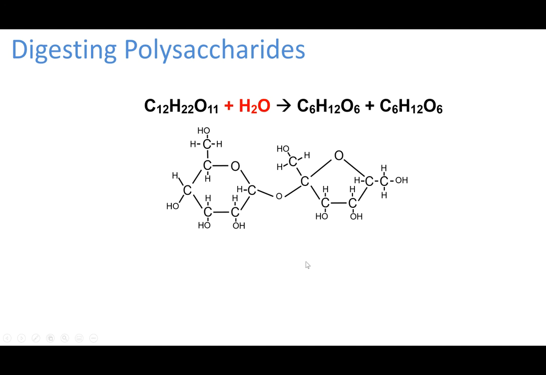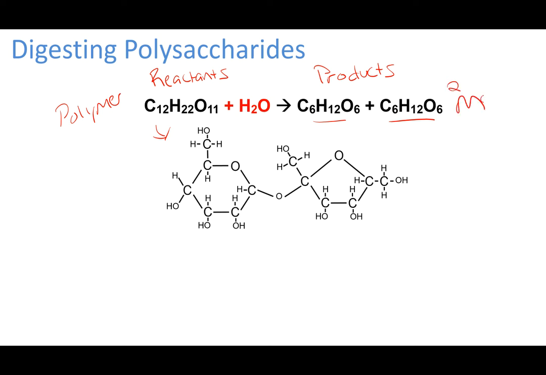So this is that same reaction we saw before, but it's flipped. Now we have our reactants and we have our products. We're going from a bigger molecule to two smaller monomers. So we're going from a polymer to a monomer.